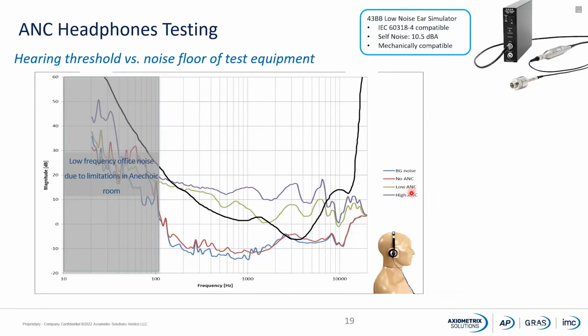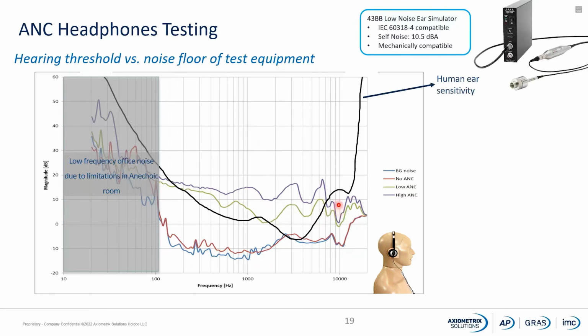This particular headphone has two profiles, low ANC and high ANC. And just by turning them on, we're going to see that we'll have some noise. This is the hiss noise that I was mentioning before, and this is only happening due to the active circuits of the ANC.